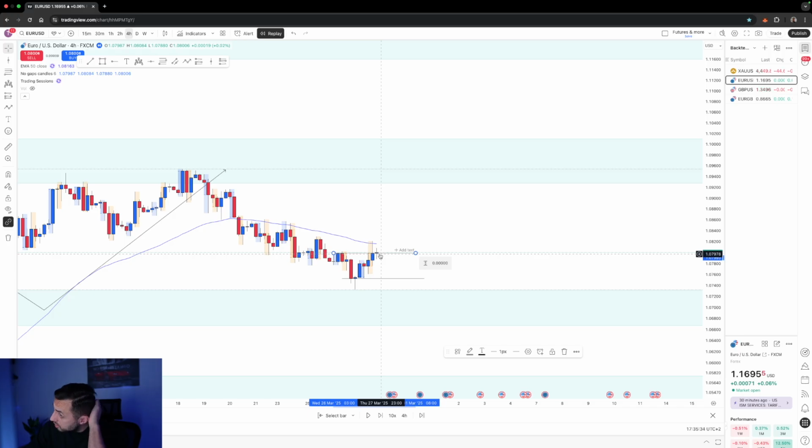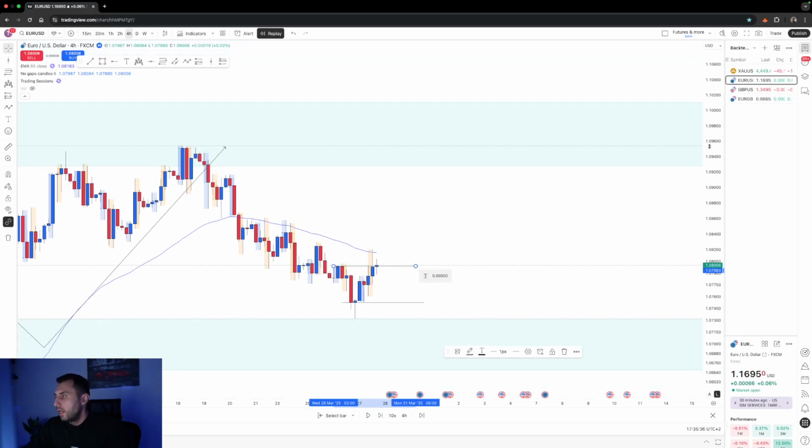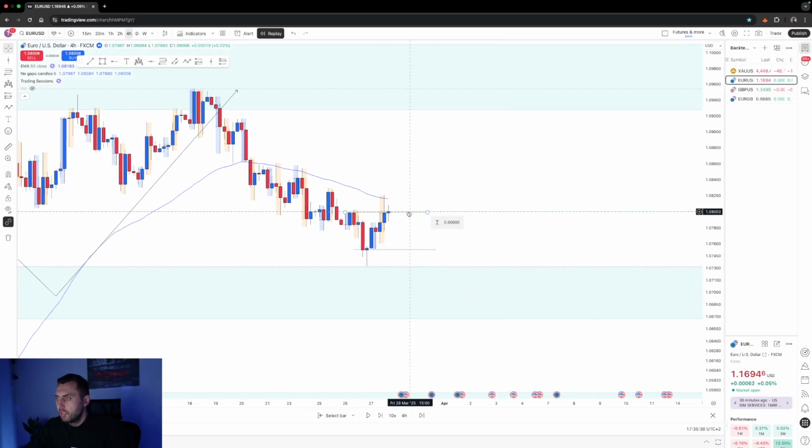To not change it every single time, I will remove just the names. So right now, let's see if the 4 hour gets bullish. And it seems to be bullish. Yeah, right now it's bullish.